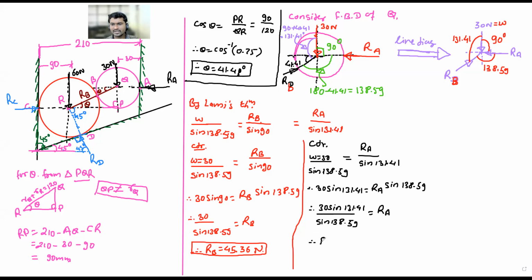Therefore reaction RA equals how many newtons? 34.02 Newton. Okay, चलो 34.02 राउंड अप करूया का.